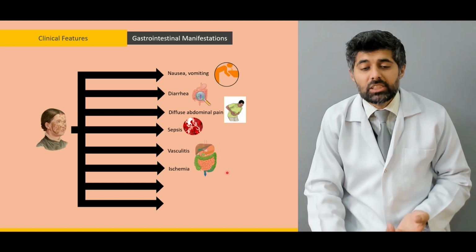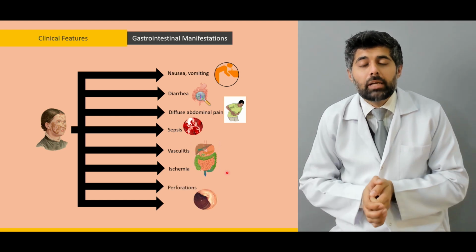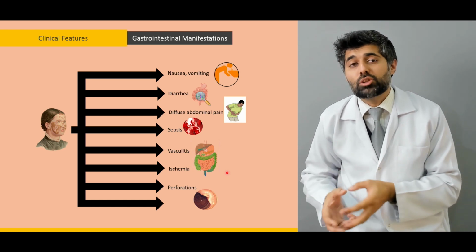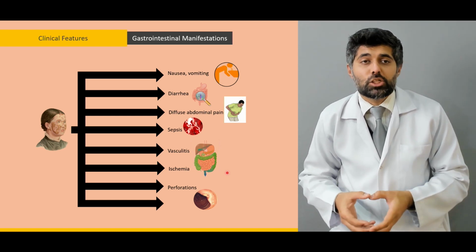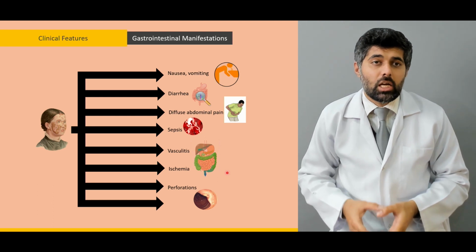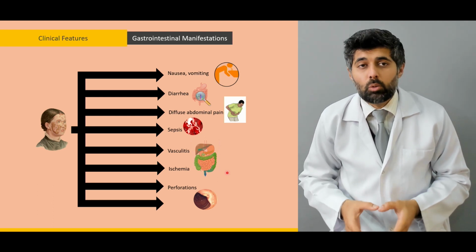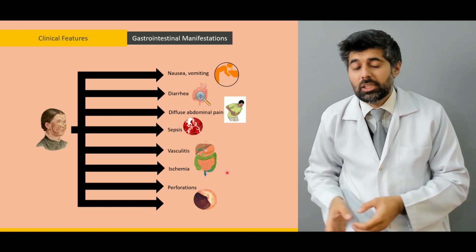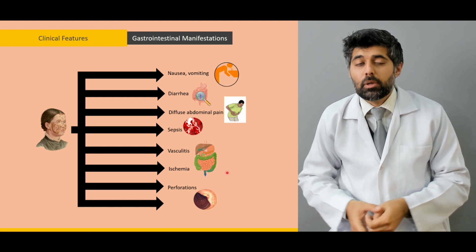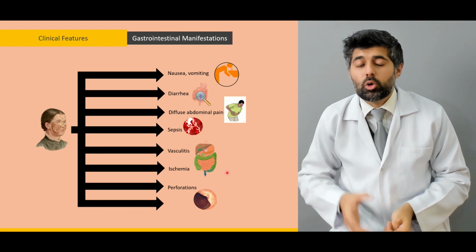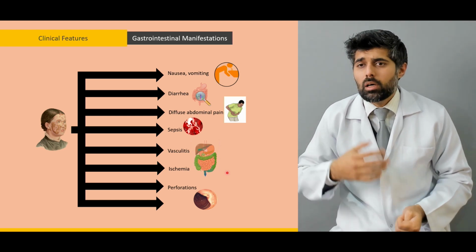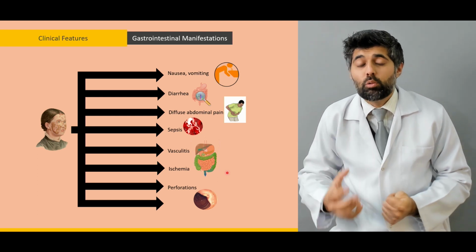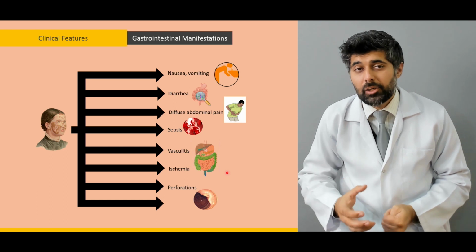And because of this ischemia, sometimes necrosis can occur, and that necrosis then results in perforation of the bowels. And this is one of the worst outcomes that can happen to an SLE patient with a gastrointestinal manifestation, because perforations not only increase the morbidity of the patient, they increase the overall mortality.